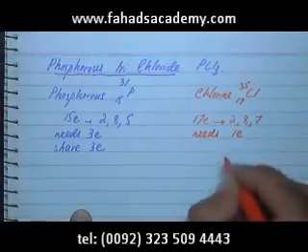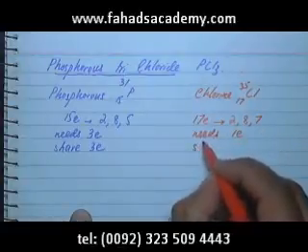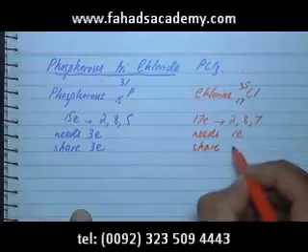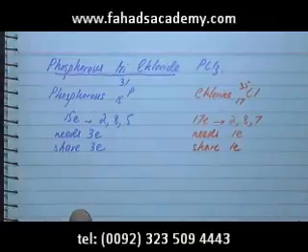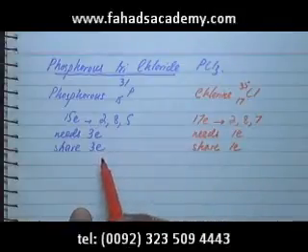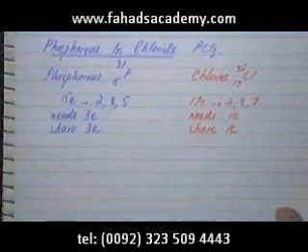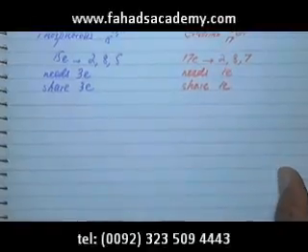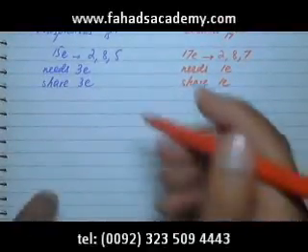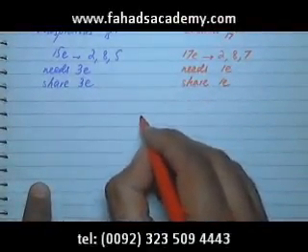It needs to have 8 electrons in the third shell, and it will eventually end up sharing 1 electron. So phosphorus would share 3 electrons, whereas chlorine would share 1 electron. Now let's draw phosphorus.